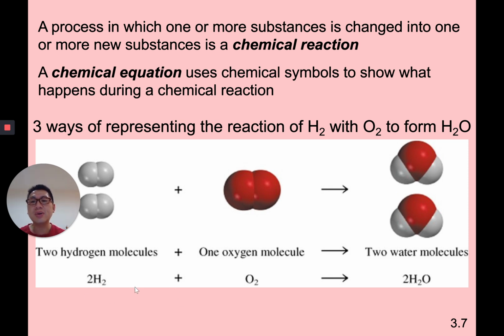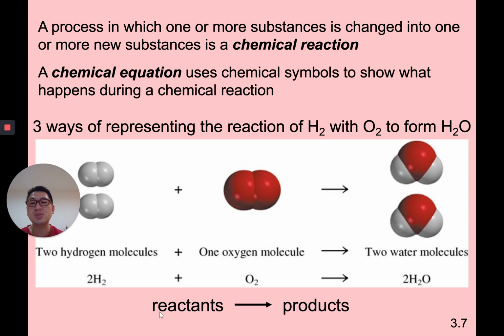So in a chemical equation, we use chemical symbols and numbers in front representing how many of each one there is to show what happens in a chemical reaction. In a chemical equation, we always have reactants on the left side of an arrow. Reactants are the things that are reacting, kind of like your ingredients in a recipe.